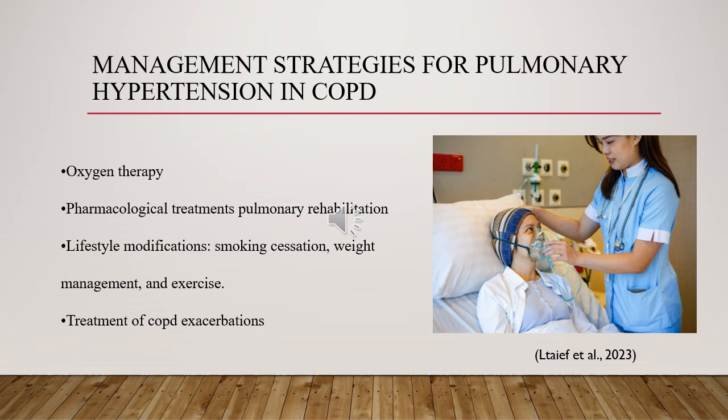Effective management of COPD exacerbations, including prompt treatment of respiratory infection and adherence to maintenance medication, minimizes acute increases in pulmonary artery pressure and associated complications. The holistic management strategy highlights the importance of an interdisciplinary approach to improve outcomes for COPD patients with pulmonary hypertension.